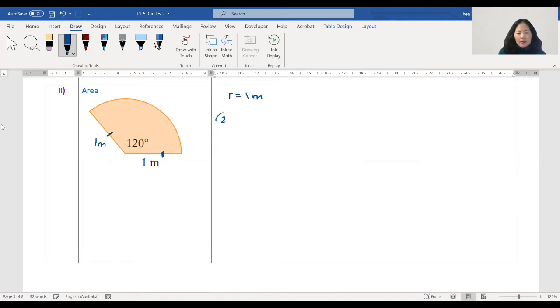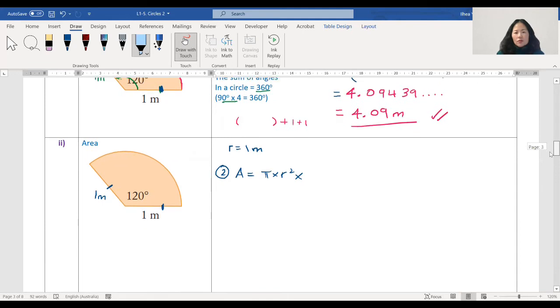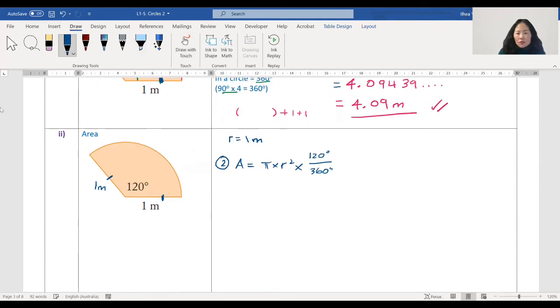And area equals pi r squared times, okay, if we look at the previous one, again, I'm going to emphasize, what did we do? We timesed it, didn't we? We timesed the 120 over 360. So that's what I'm going to do for this one. That's all you have to do. You don't have to add anything.